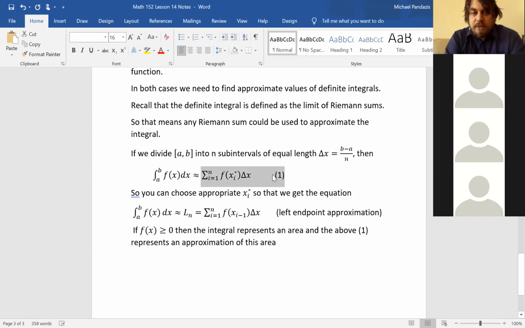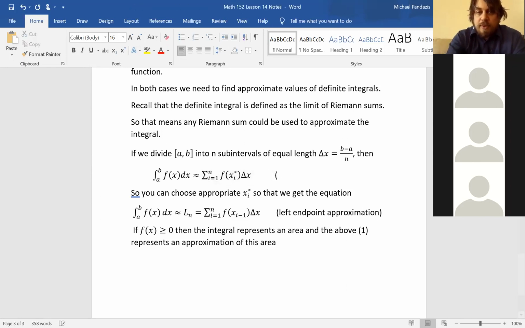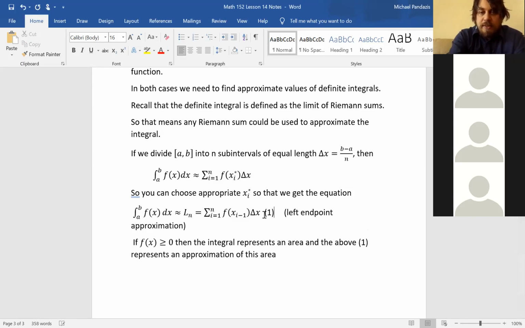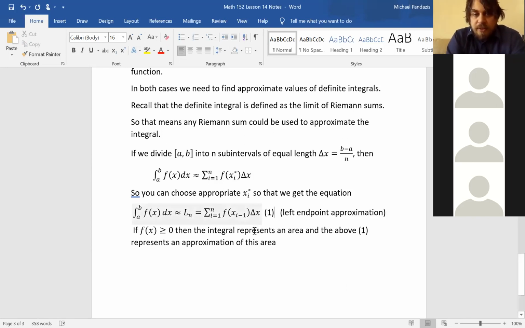Oh, that's not where the one I want is. I want the one here. Sorry. All right, that's one. This represents an approximation of this area by rectangles, as illustrated on the whiteboard.